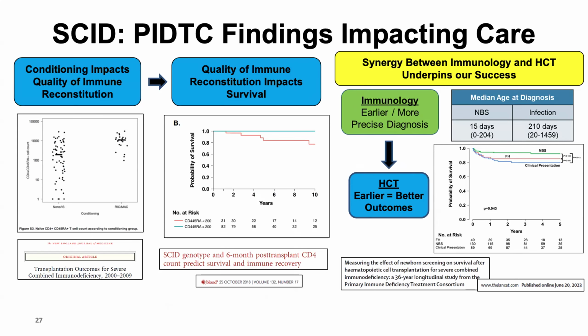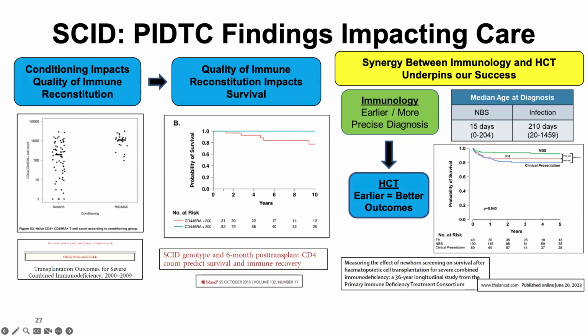And so that's great for patients. It's great for families. The other thing that we have seen is that disparities based on race and ethnicity, which there will be a paper coming out soon, documented that prior to newborn screening, there were differences in outcomes between Caucasian infants and non-Caucasian infants.